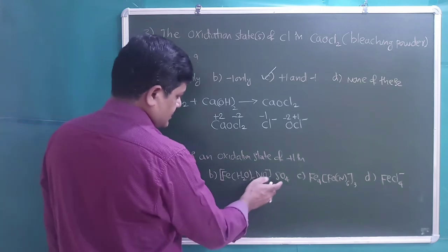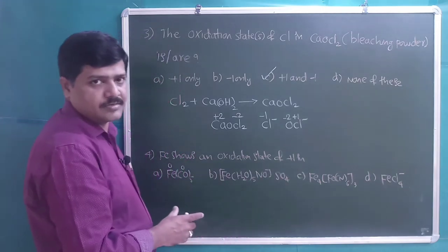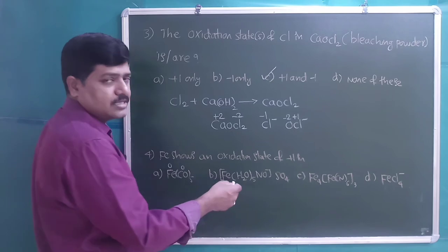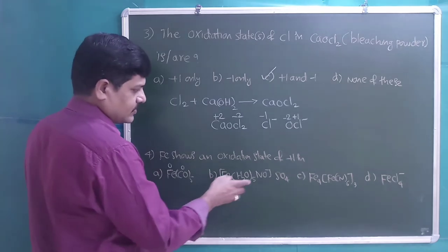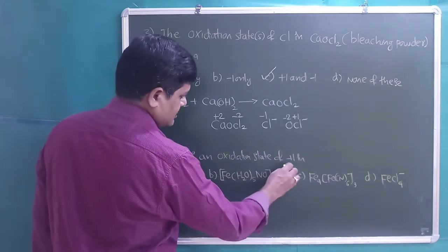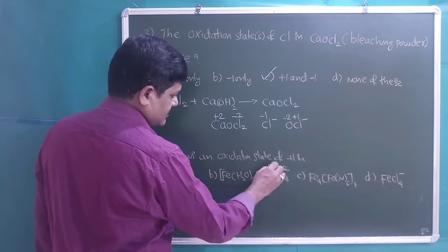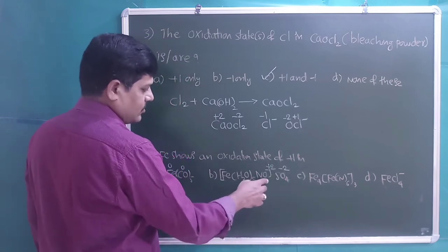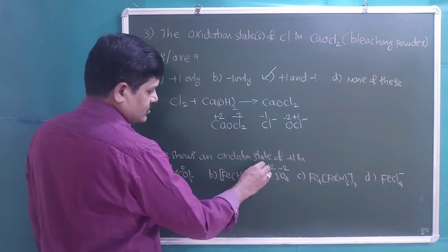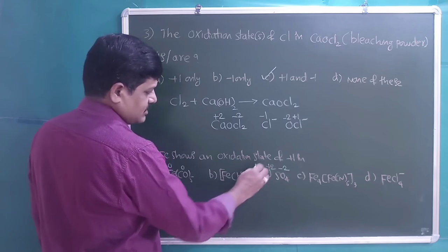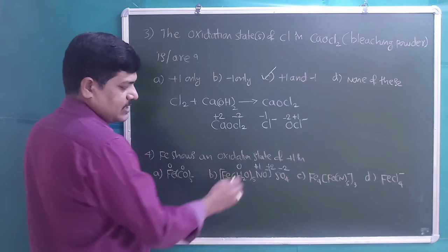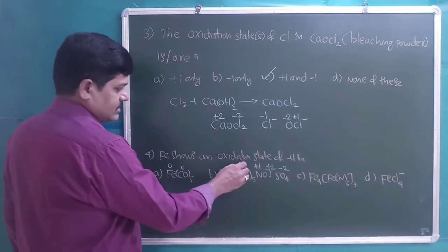So this is the brown ring complex, which is formed in the detection of NO3-, right? The charge on the sulfate is -2. Then the charge on the coordination complex is +2. NO is nitrosyl, +1 is the charge on the NO. Water molecule has a 0 oxidation state.